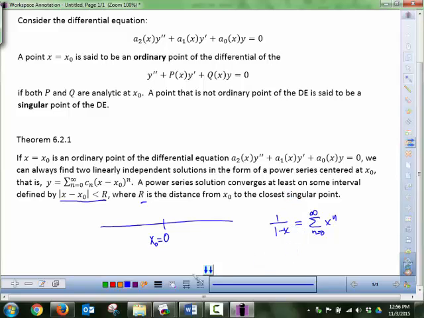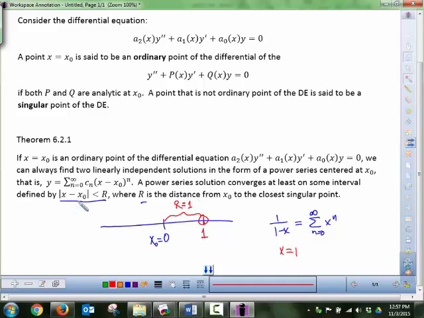So remember that this turned bad when x is equal to 1. So we can say x equal to 1 for us here is a singular point. So we know that the series is not going to converge here at all. So this distance over here will be our distance r, and in this particular case r is equal to 1.